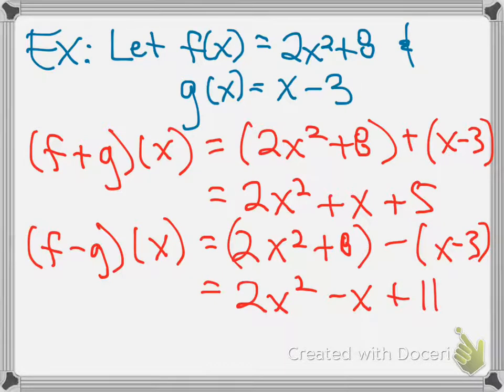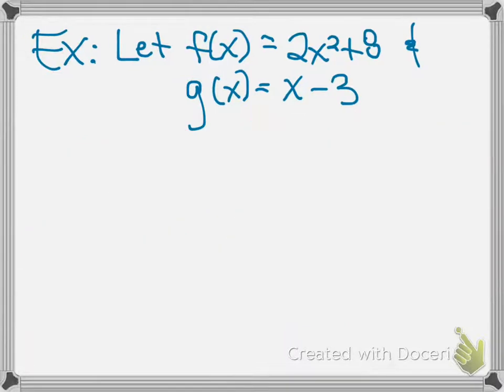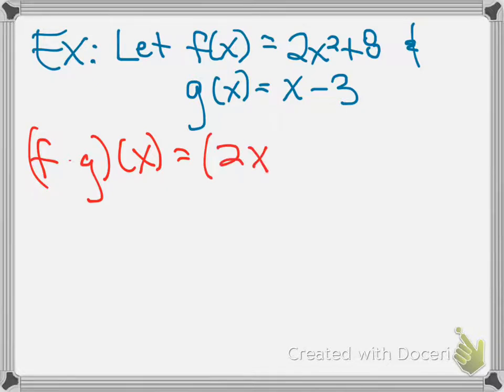And then we can do the exact same thing if we are multiplying or dividing our functions. So if we want to multiply f and g together, that's just going to be 2x squared plus 8 times x minus 3. And then since we're multiplying two binomials together, we would of course just FOIL that.